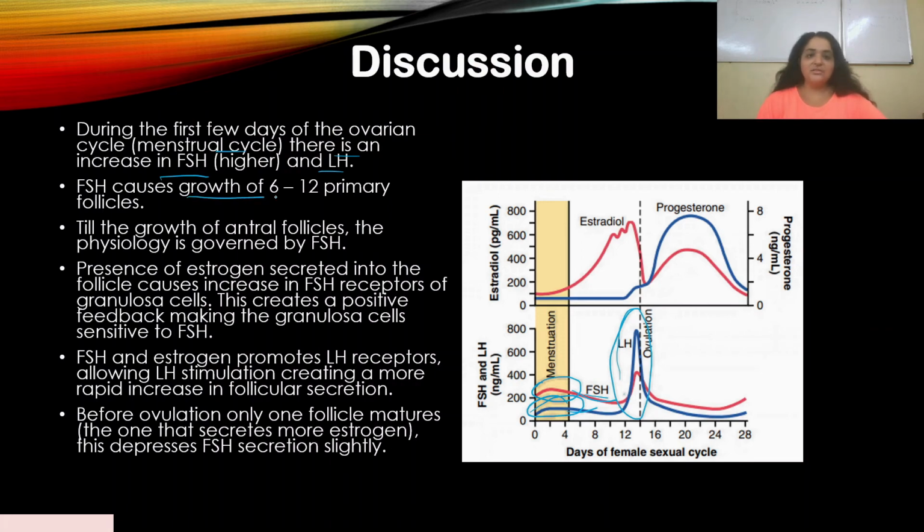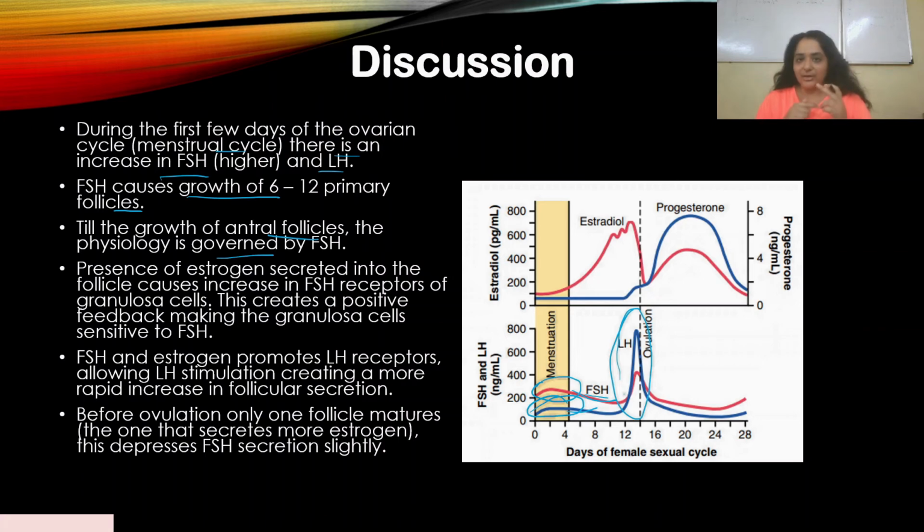So FSH causes growth of 6 to 12 primary follicles, which is FSH's job to do, until the growth of the antral follicle. That means when the antrum starts forming in that follicle stage, the physiology is governed by FSH. Now, when the antral stage is formed, estrogen begins to secrete into the follicular fluid.